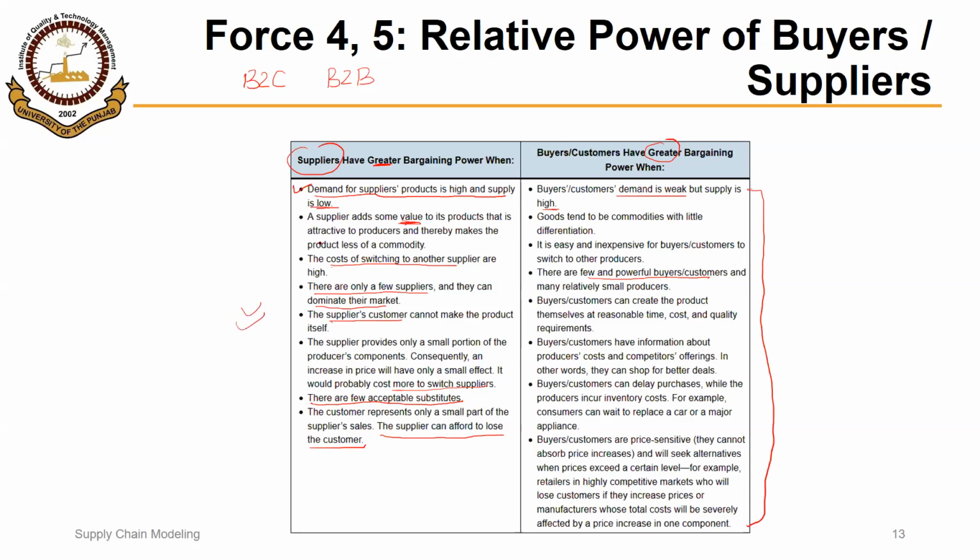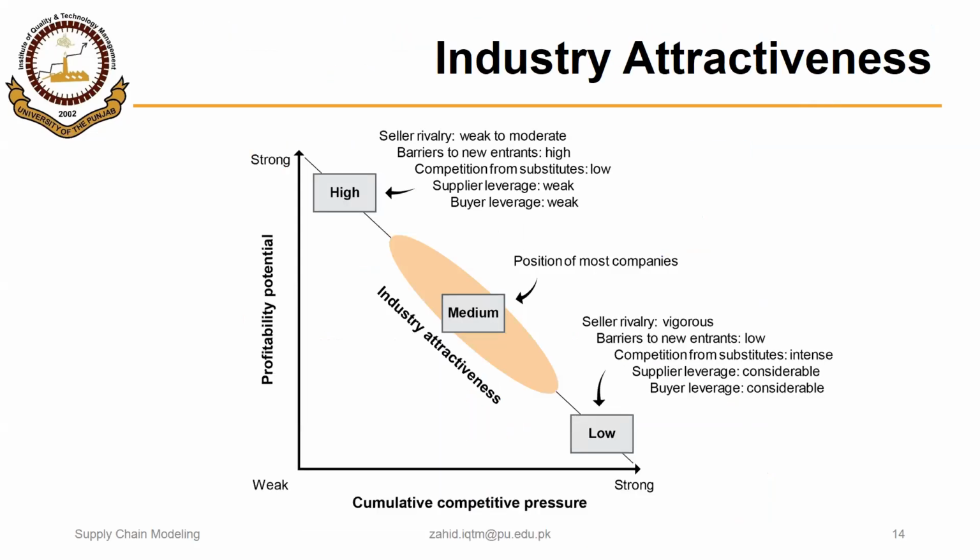So using Porter's five forces model, a business or an organization can evaluate itself and see where it lies in the market. The ideal scenario is that there is very little competitive pressure: rivalry is very weak or moderate, the barrier to new entrants is high, so it is not easy to enter the business.